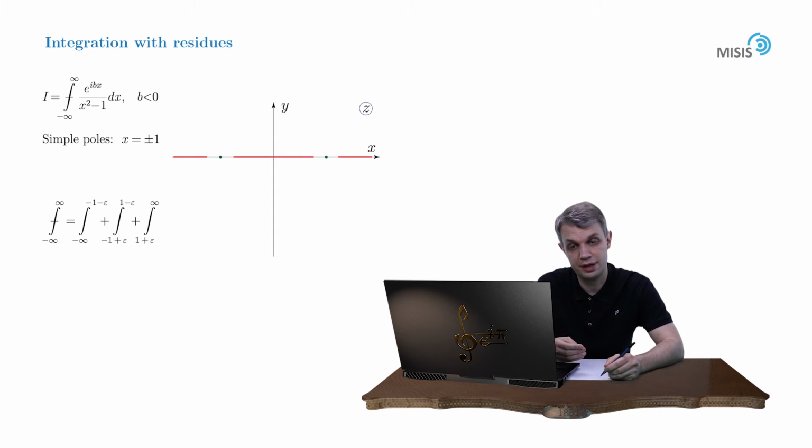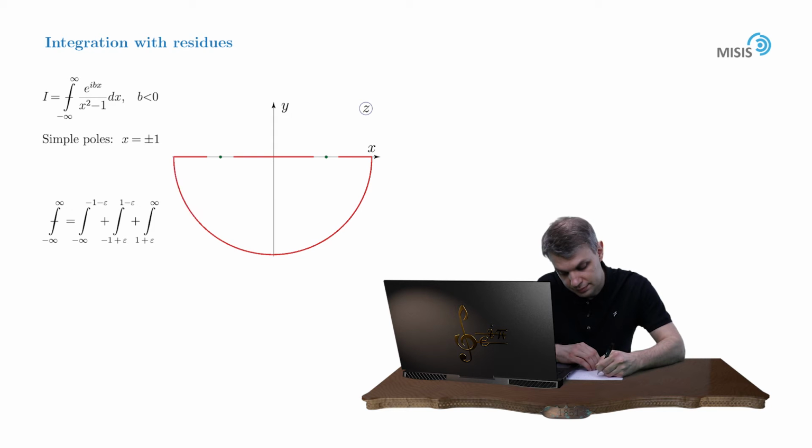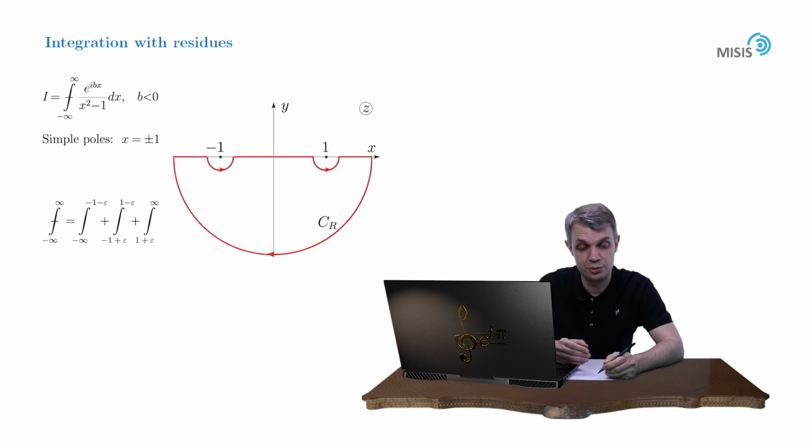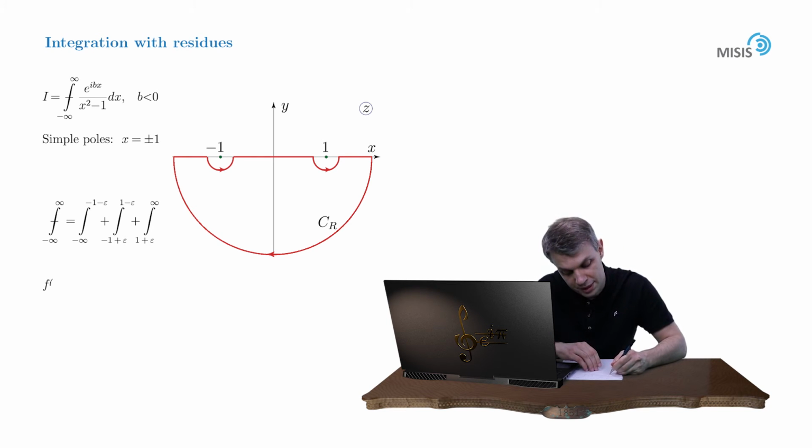And minding the future application of Jordan's lemma, we connect the infinite edges of this contour by a lower infinite semicircle, C_R. Next, we connect the adjacent pieces of the contour by two infinitesimal lower semicircles centered at points -1 and 1.